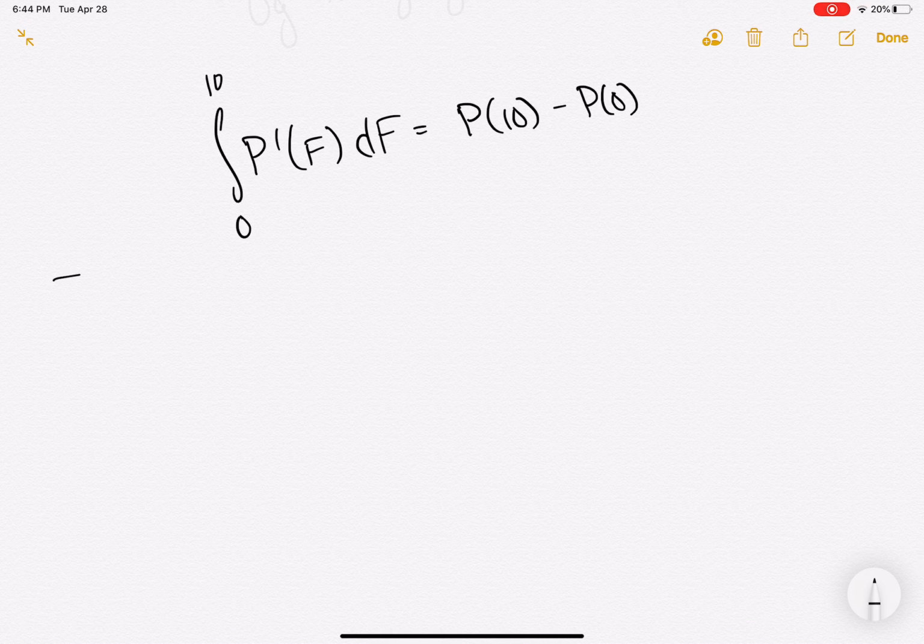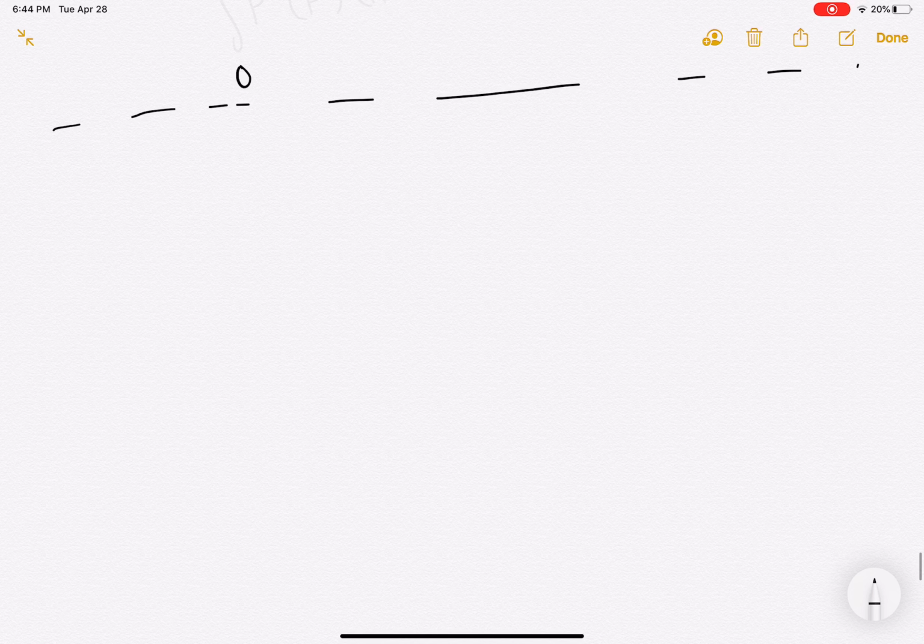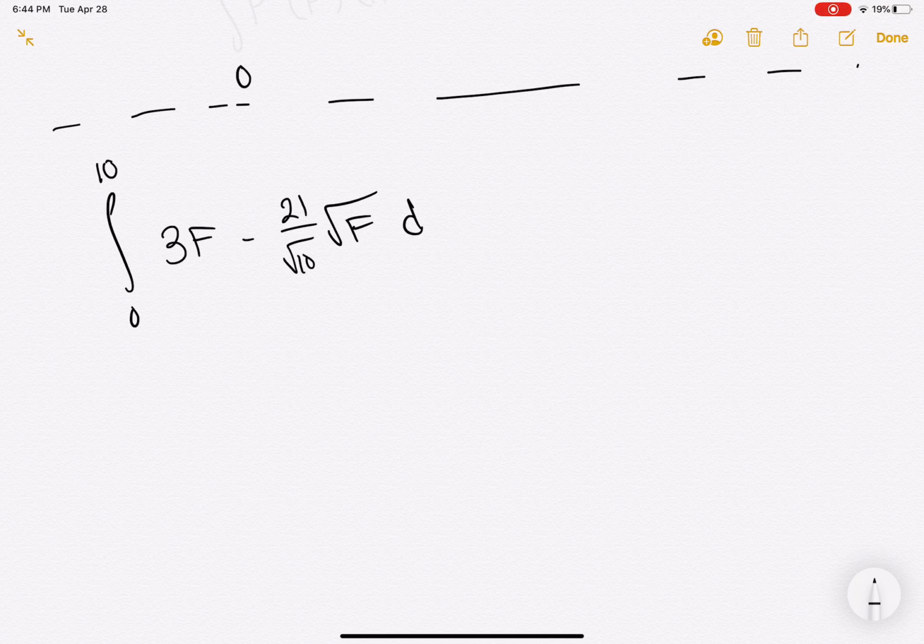So let's do this to find this integral. We have 3F minus 21 over square root of 10 times square root of F dF. And as always, it's much easier to think about square roots as 1/2 powers.